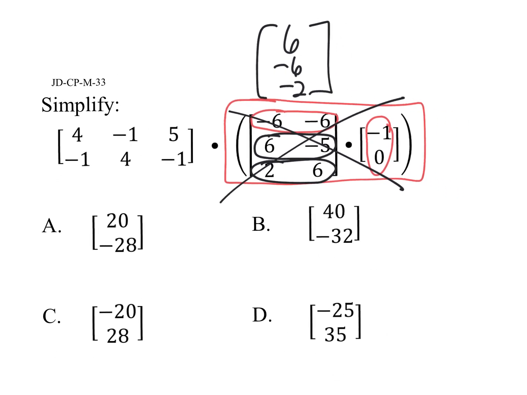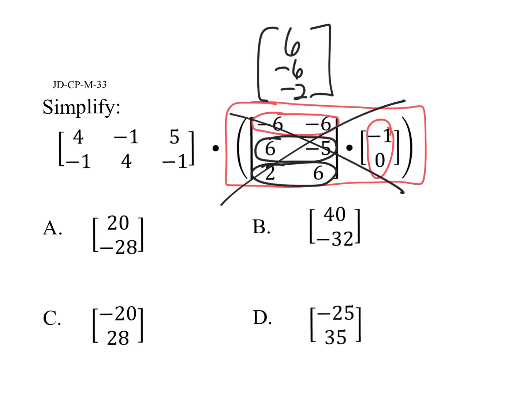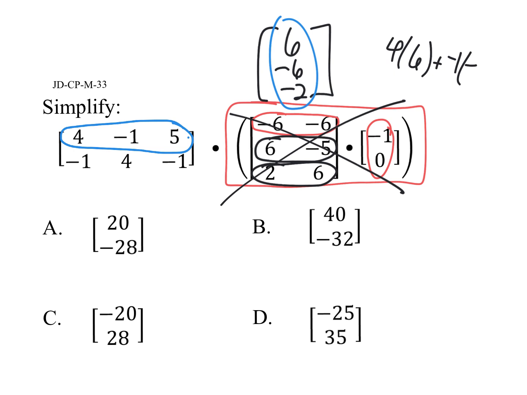So now we're multiplying these by that first matrix. So we're going to multiply this row by these numbers. So 4 times 6 plus negative 1 times negative 6 plus 5 times negative 2. And if you work that all out, you'll get 20.